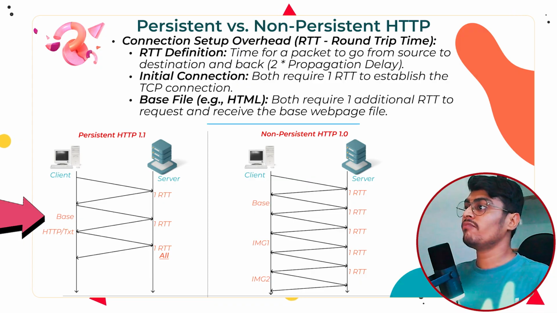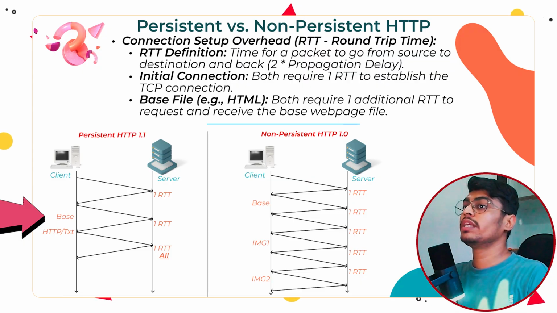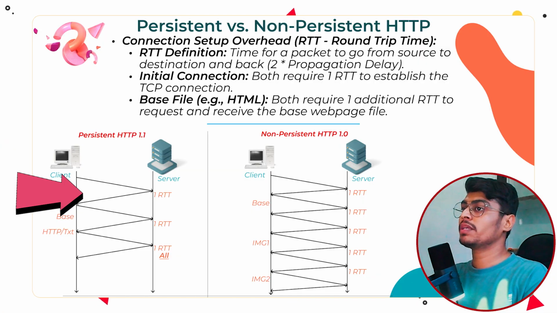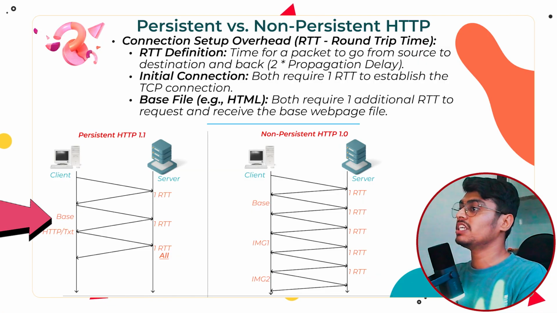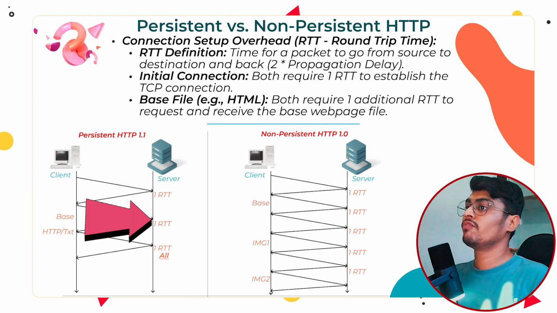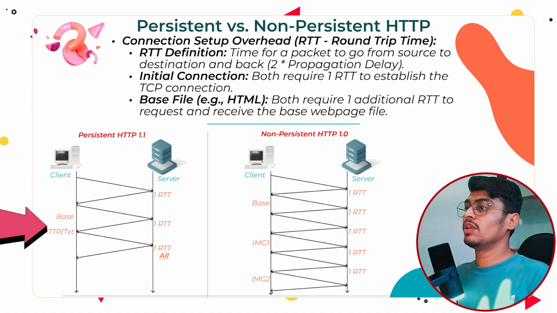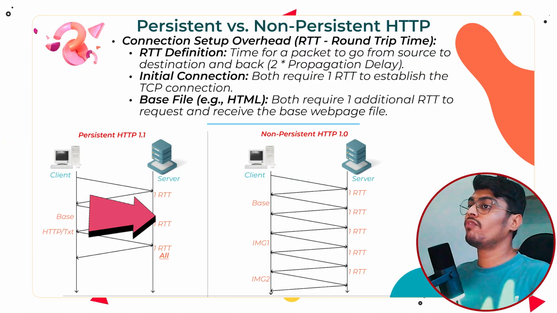As you form the connection, first the HTML file, the text file, the base of the web page, will get transferred. After forming the connection, you say that you need the base file, and you will get it. One extra RTT will be used for the base file, the HTML or text file. So your basic web page will take 1 RTT to come.